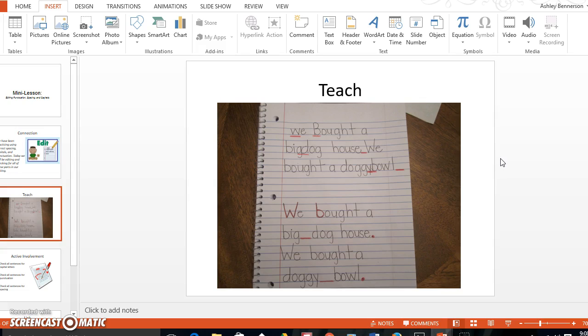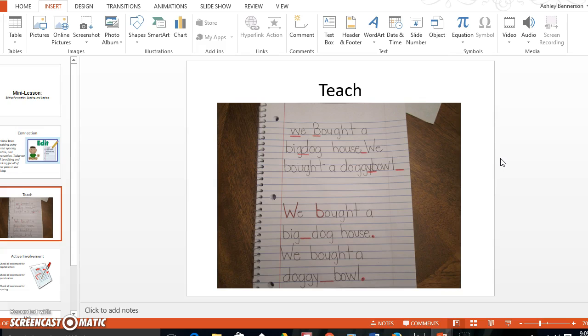At the bottom of the page is how the two sentences should look. We, with a capital W, bought, with a lowercase b, a big dog house, with spacing between the word big and dog. And the sentence ends with a period.